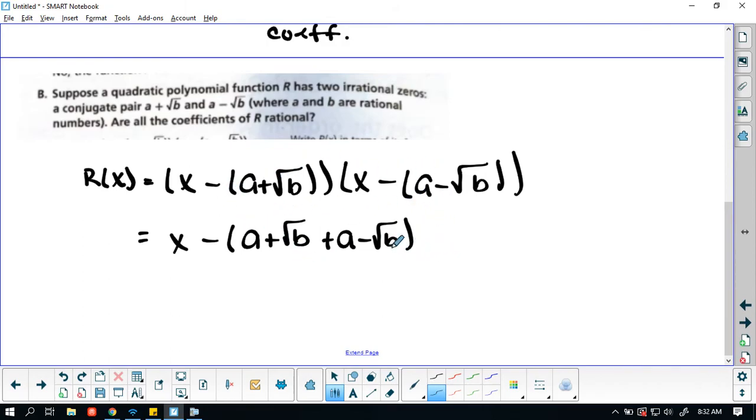That's going to be the minus x, and negative times negative is positive. A times this, so that's going to be a. This is a conjugate, so this is going to be a minus b.